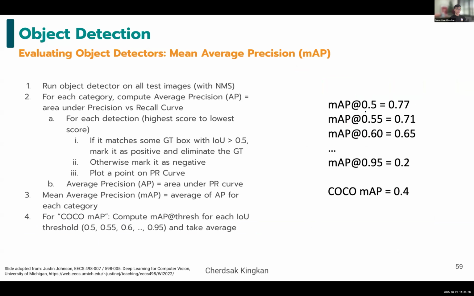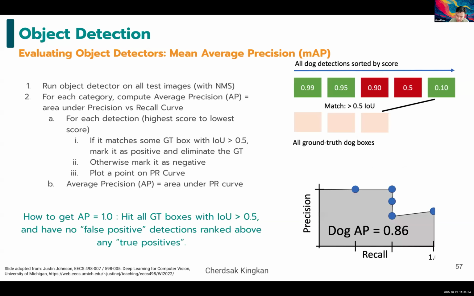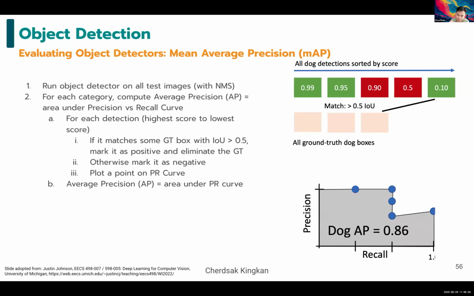For example, here we are using 0.5 as the IOU threshold. So the concept is still the same, but the difference now is that the objects are boxes and the threshold is the IOU. Because in the ML class, the threshold is normally the probability, I think.